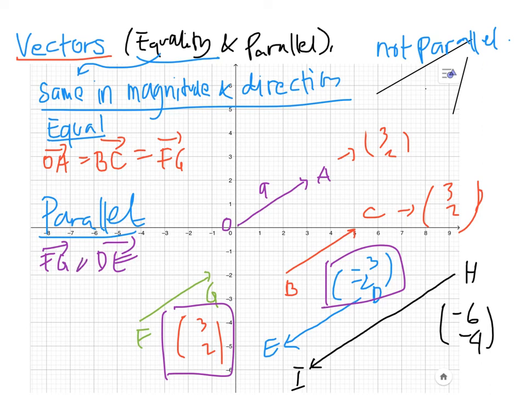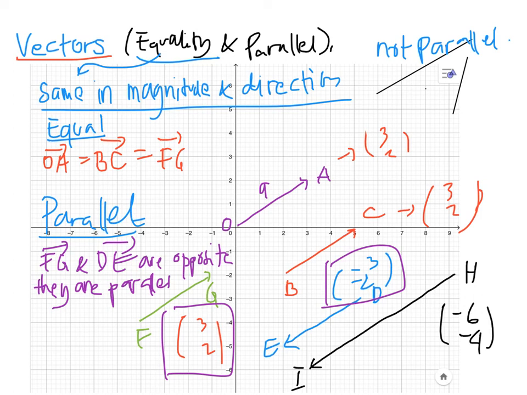FG and DE are opposite vectors because it's just the minus of it, and they are parallel. It means they're almost the same, but they just have a different direction. Will they meet? Will they intersect? Never.